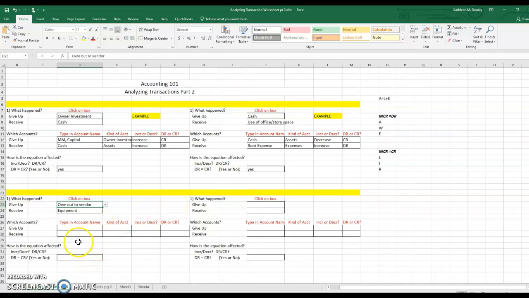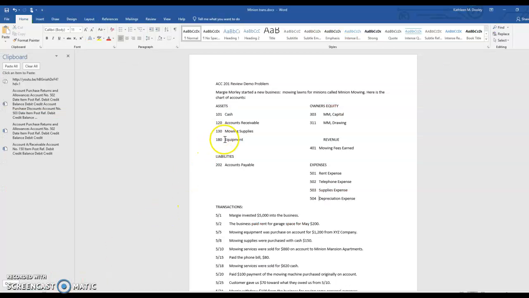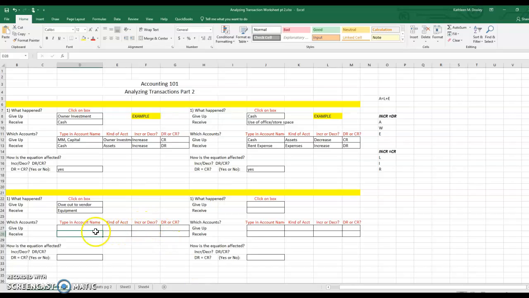Today we owe out to the vendor, to the supplier. Okay? Now for the receive, we received equipment, so I need to find an account in the chart of accounts that goes with equipment. So here I have one called equipment. And so I'm going to type that in. And that is equipment. We own the equipment, so it's an asset.